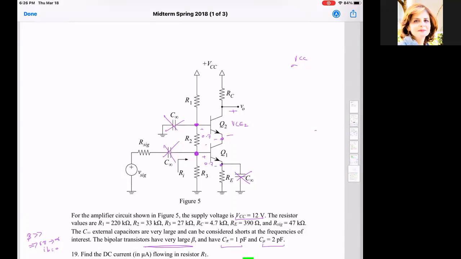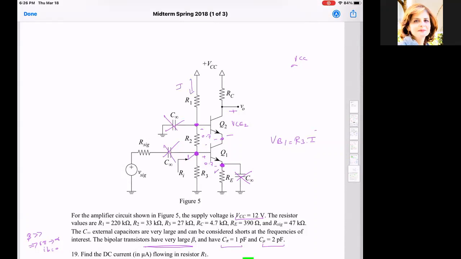So can I know what the voltage VE is? If I know this, I can know that VB1 is equal to R3 times I, where I is this current, if we want to simplify matters, or by voltage division.